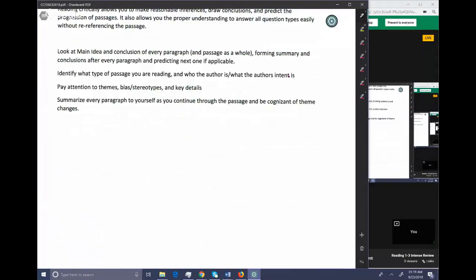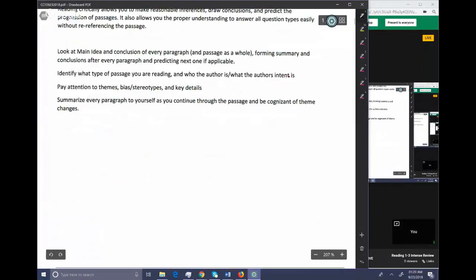Think of things you could write about from a really broad standpoint, like a topic, from a more specific standpoint, from a main idea, and think about, how would I structure a conversation or an essay? How would I do paragraphs about something that I care about? So pick something that matters to you, pick something that you're knowledgeable about, and think, how would I write this if I were to put it into 3 or 4 or 5 paragraphs, like what you see when you're actually reading on the test.